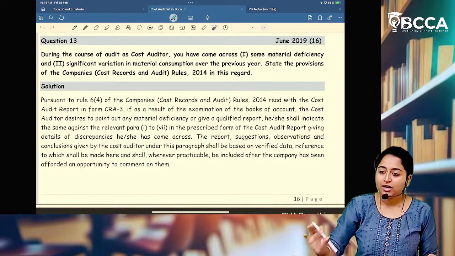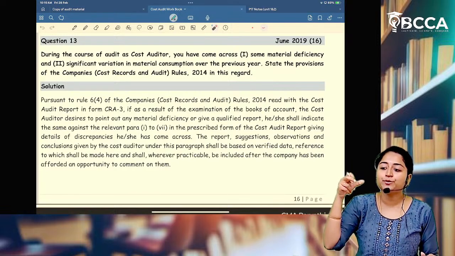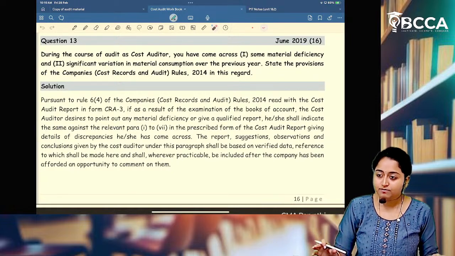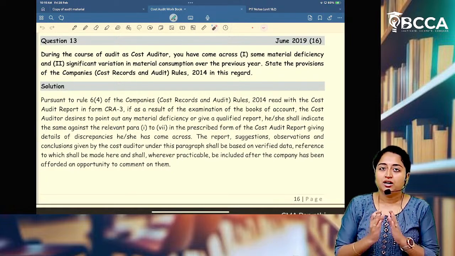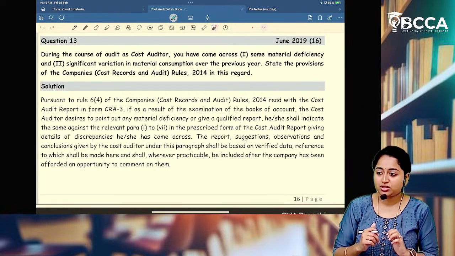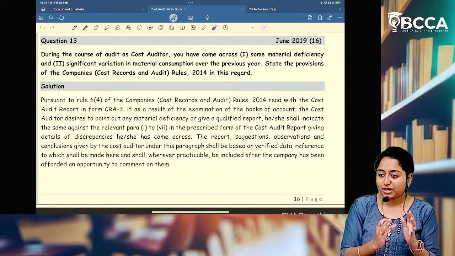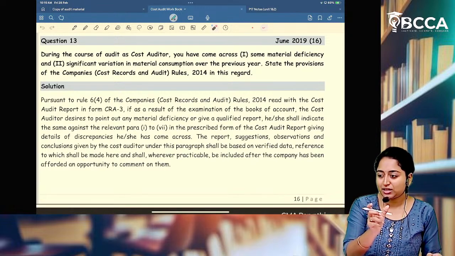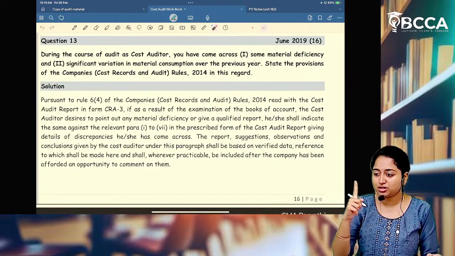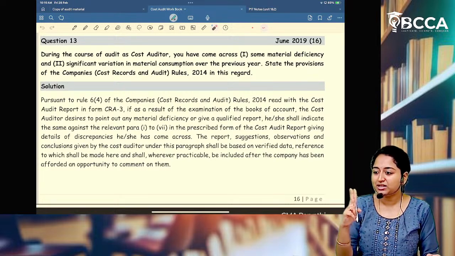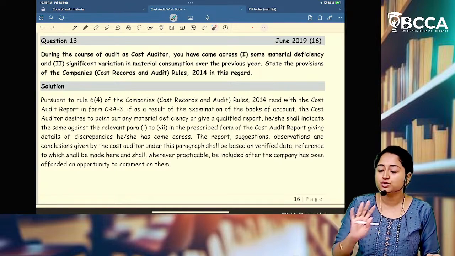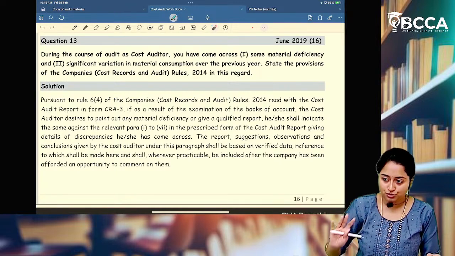But when a qualified report is given by a cost auditor, that doesn't mean that everything is right. It means that whatever statements and records are given for examination are right, but there is some provision in that, which means at least a product detail, one transaction or a single cost element, one disclosure is confusing or brings some suspicion to the cost auditor.